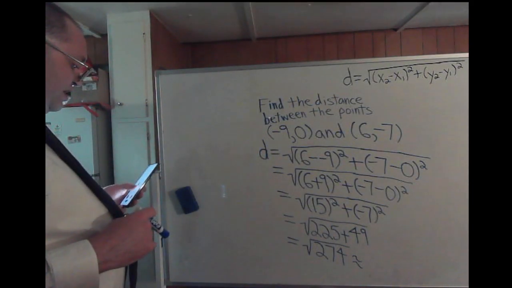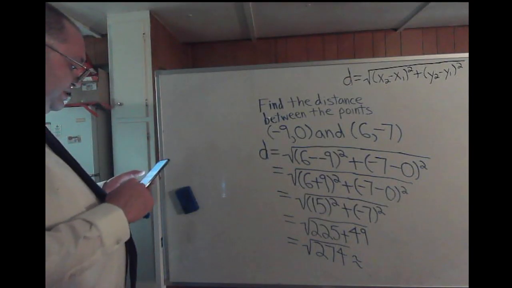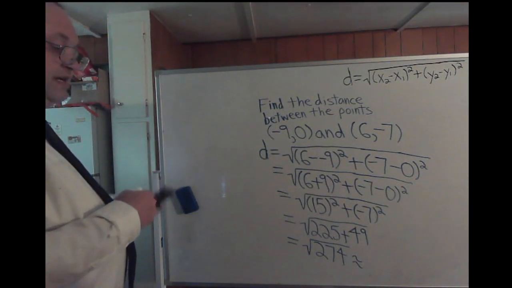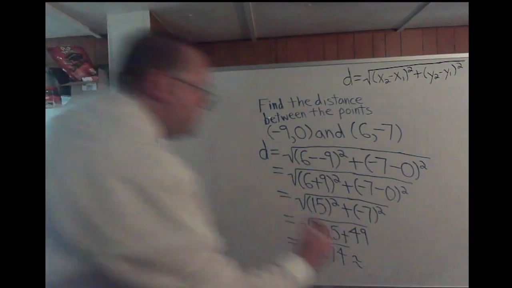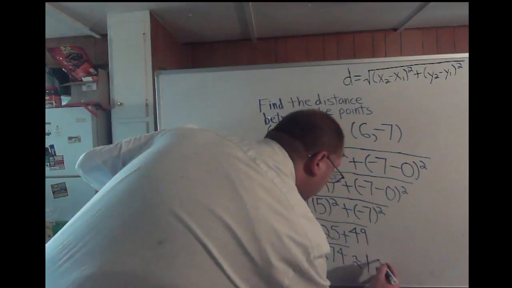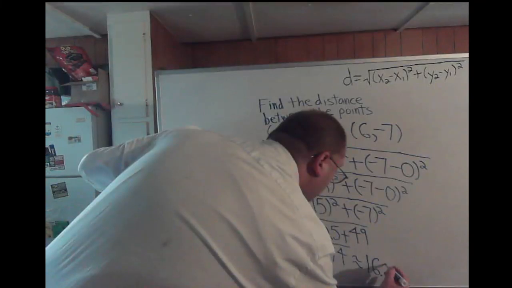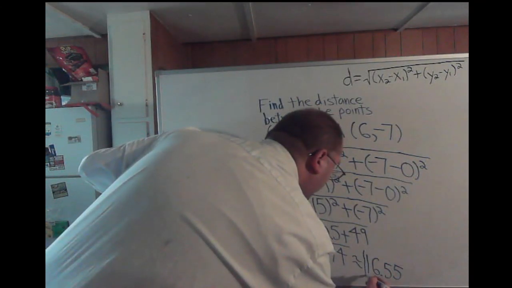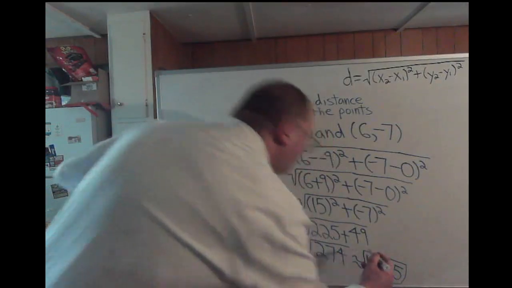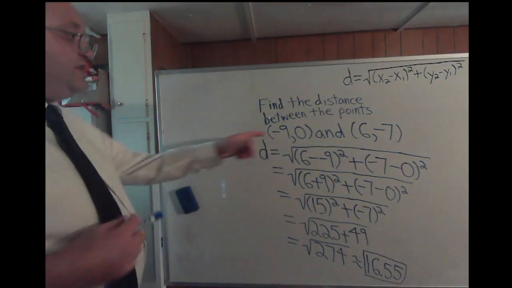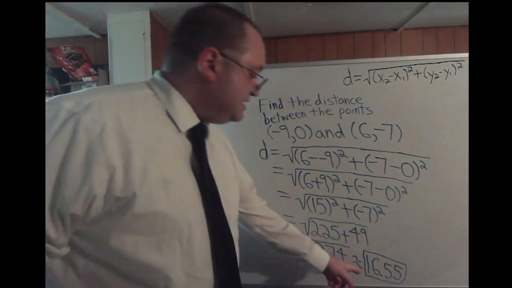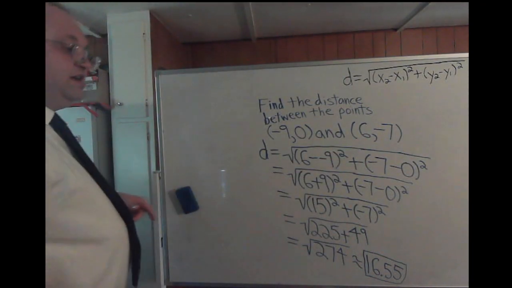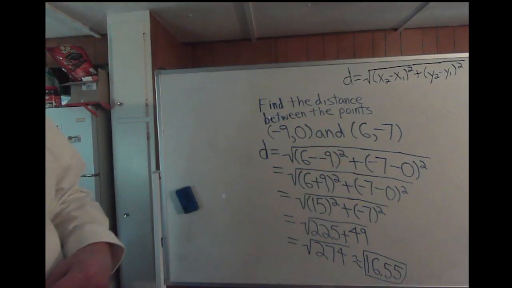Figure out what the square root of 274 is. Looks like it would be about 16.55. So don't be surprised if you get a lot of decimal places for your units. That's perfectly normal. So -9, 0 is approximately 16.55 units away from 6, -7. That's the answer for the distance that we would get.